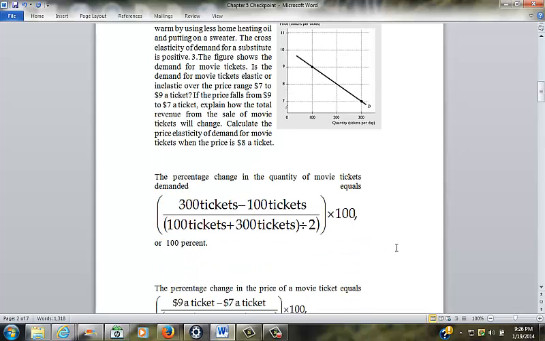The percentage change in the quantity of movie tickets demanded is 300 tickets minus 100 tickets divided by 300 tickets plus 100 tickets divided by 2, times 100.